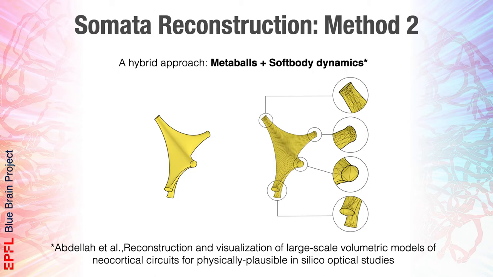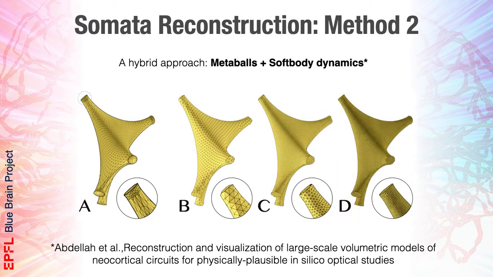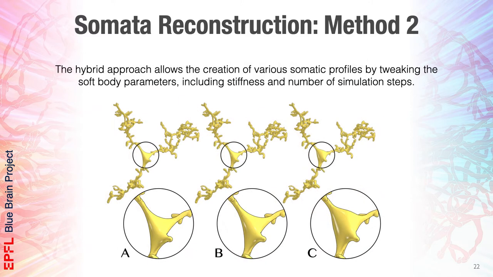To resolve this issue, we had to run another mesh generator that creates randomly distributed surfaces with which we don't have any gaps in the reconstructed mesh. As you can see in A, the vertices are not uniformly distributed, but in B, C, D, they are uniformly distributed with different tessellation levels.